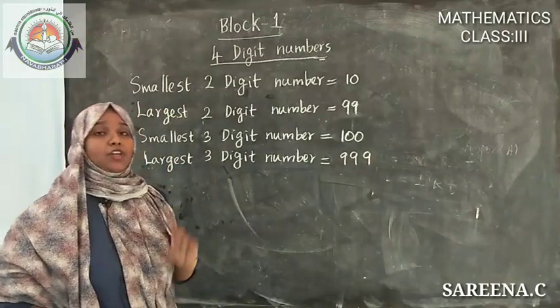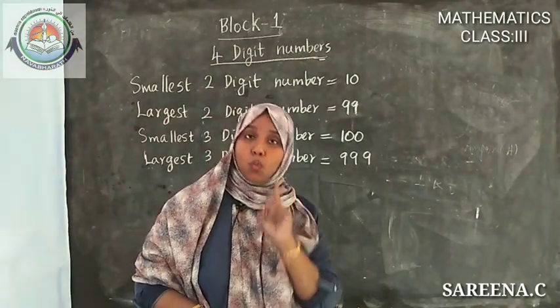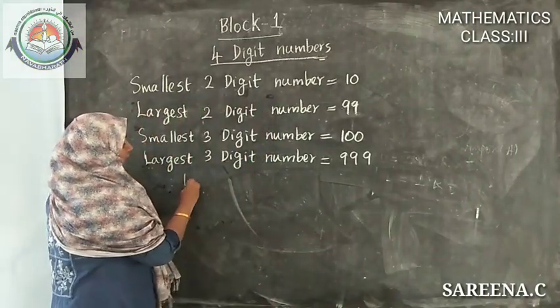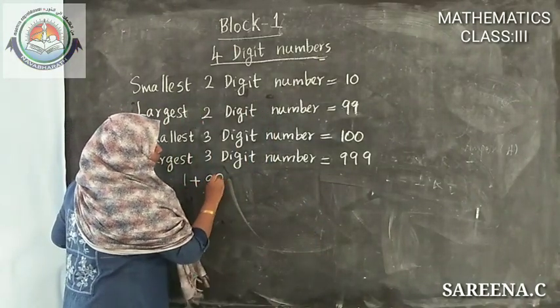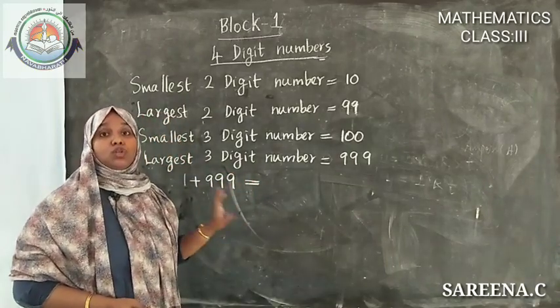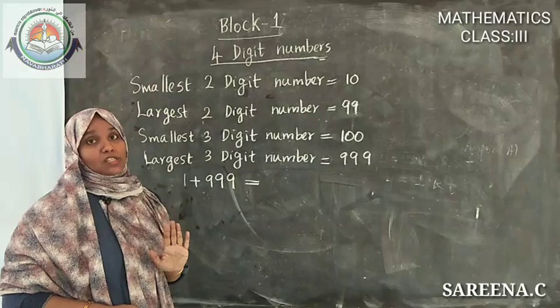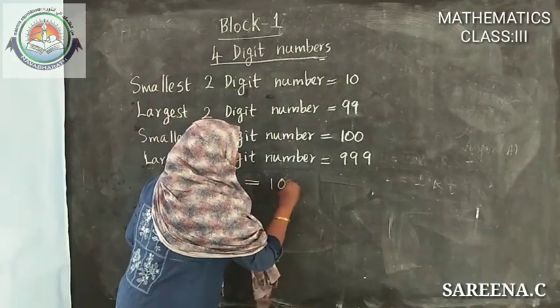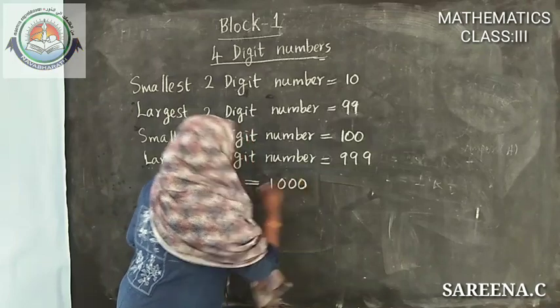And if we add 1 to 999, we get a new number, a 4-digit number, that I can write like this.